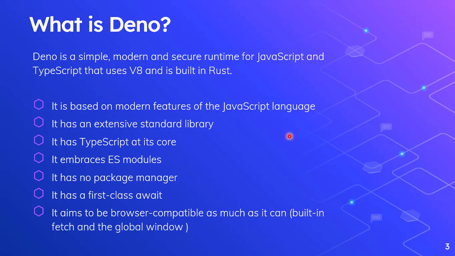Okay, but Deno.js is a better version of that. It's not recommended to write projects in Deno.js for now because it's not that stable. It can have some changes in the near future. That's why it's recommended to just write experimental projects and be ready for the future of JavaScript in the backend.